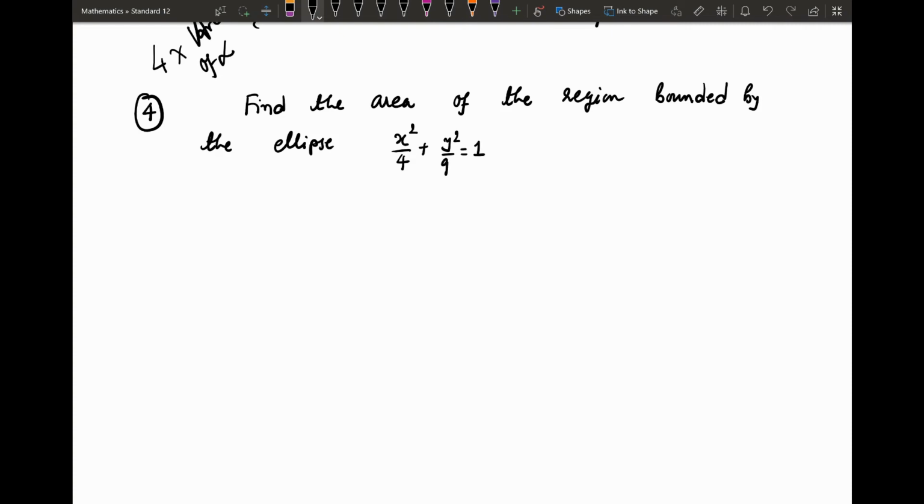So easily you can obtain the area of this. This is an ellipse with major axis as the y axis.